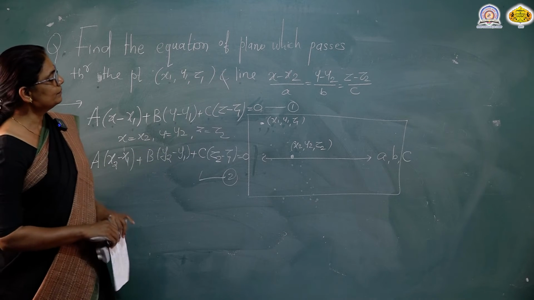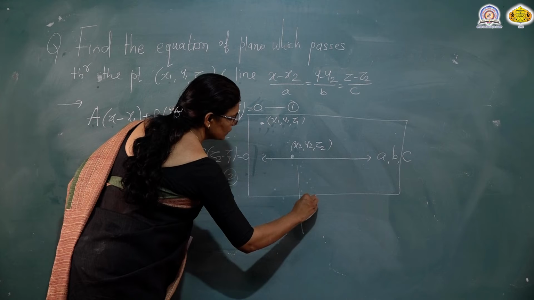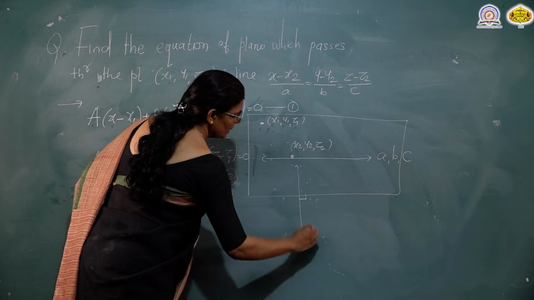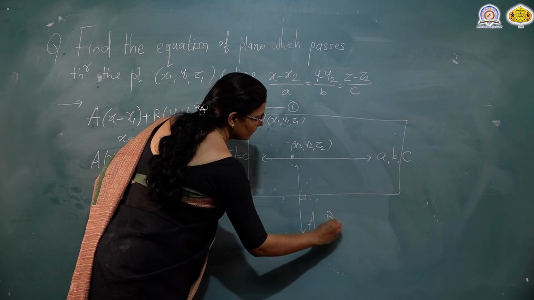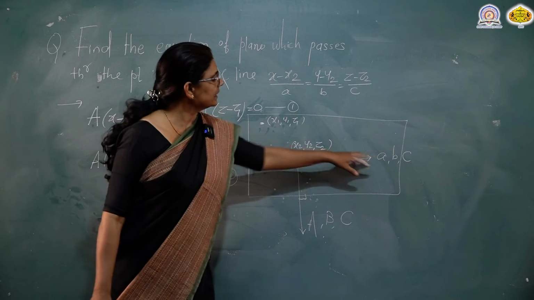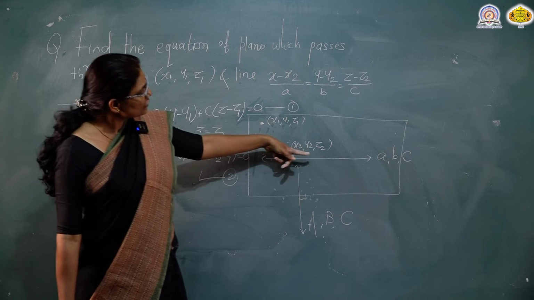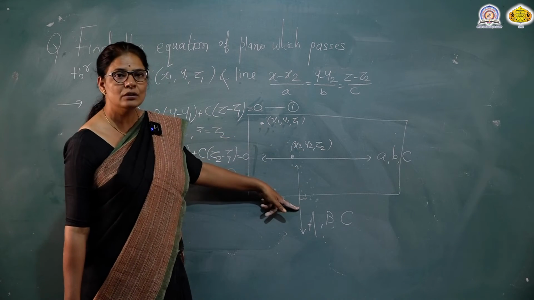Now next one is the DRs of the normal. Suppose I draw this, this is a normal to the plane, and its DRs we denote by capital A, B, C, and small a, b, c are the DRs of a line which completely lies on the plane. So what is the relation between this line and the plane?